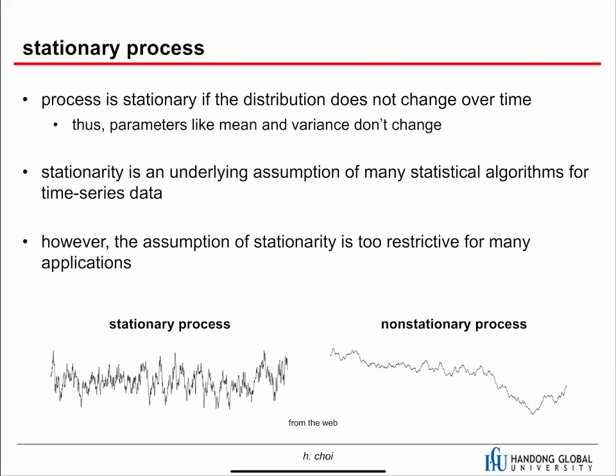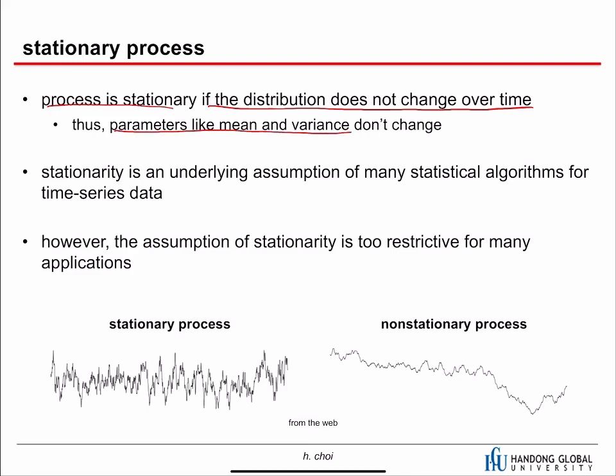The process is stationary if the distribution does not change over time. If the distribution doesn't change, then the mean and variance, these statistics, should not change, right? So parameters like mean and variance don't change.